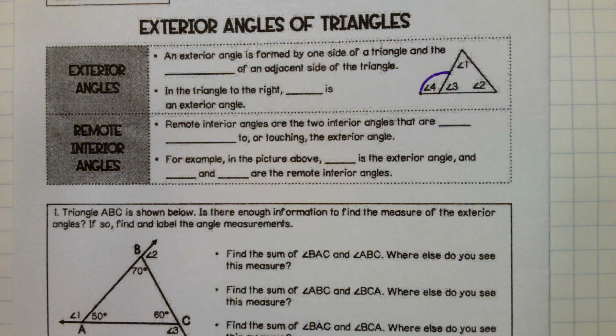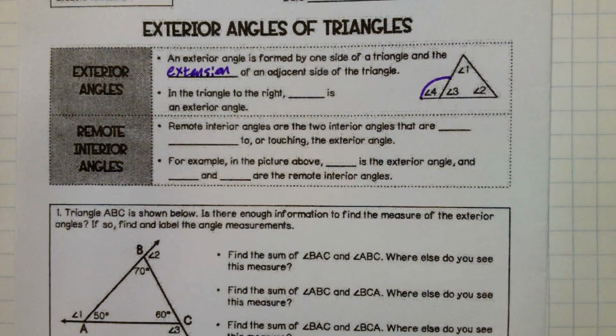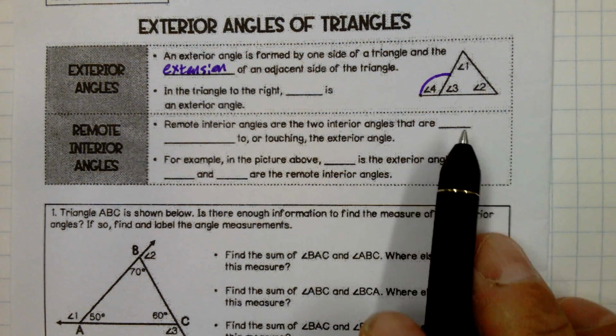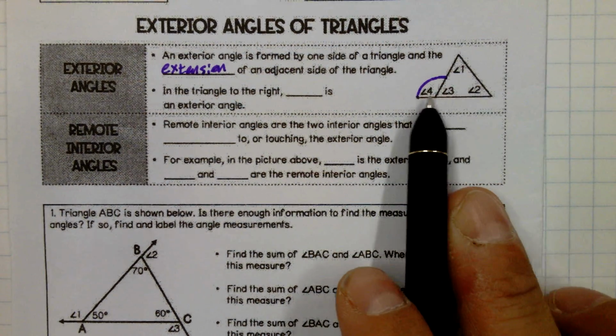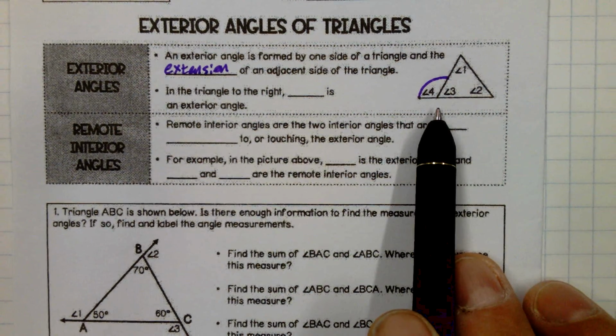An exterior angle is formed by one side of a triangle and the extension of an adjacent side of the triangle. So you just take one side of the triangle and make it a little longer. That forms this exterior angle.